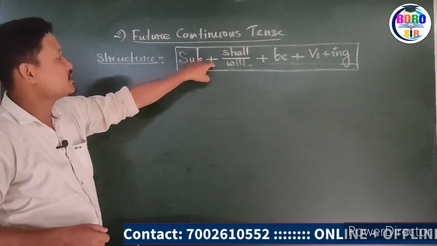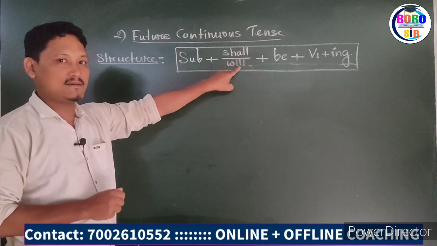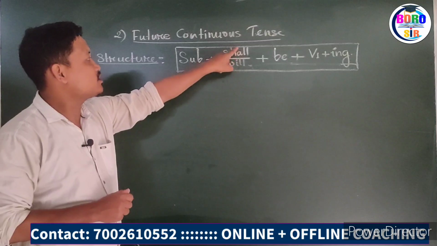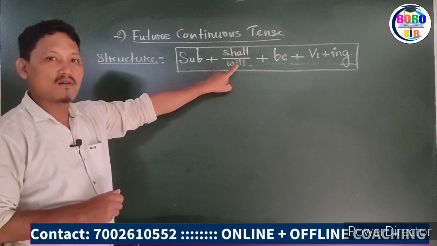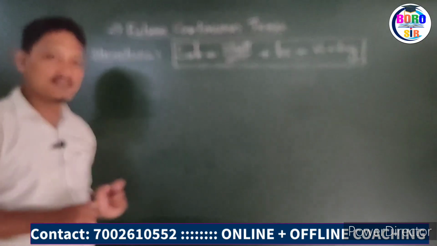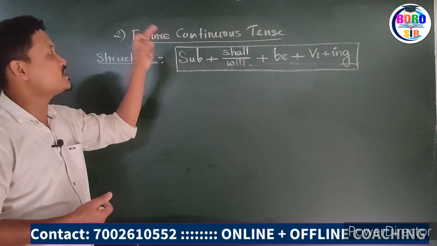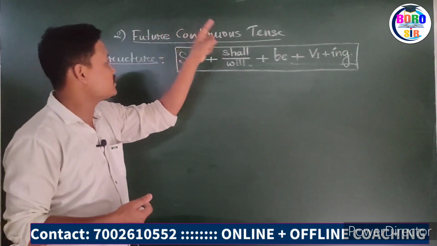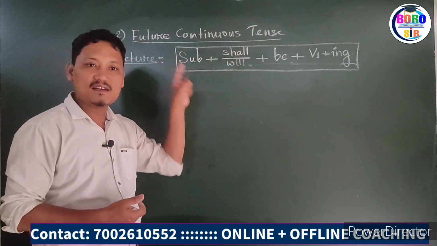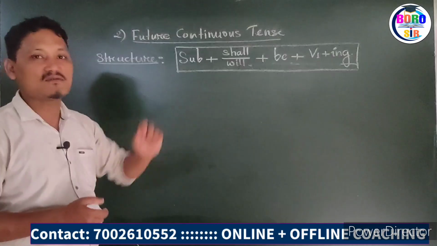Subject plus, here shall or will will always come. Any one of these auxiliary verbs will be there in the sentence of future continuous tense. If you do not take shall or will, then it will not be a sentence of future continuous tense.